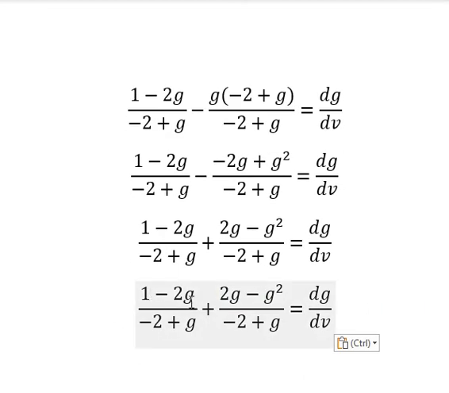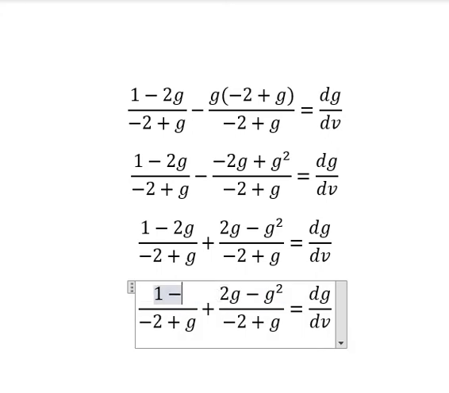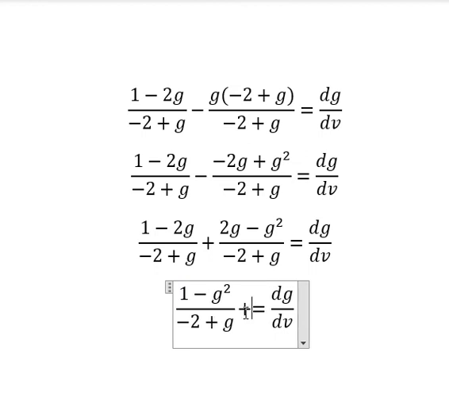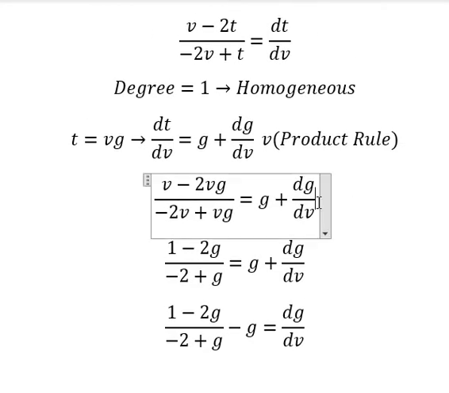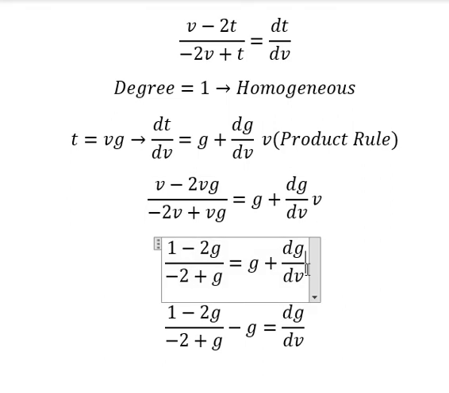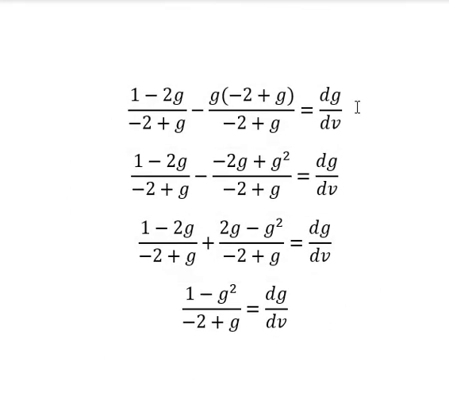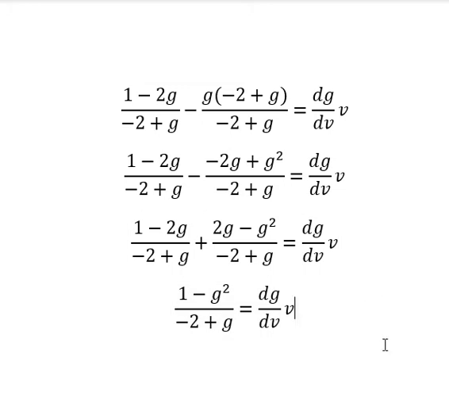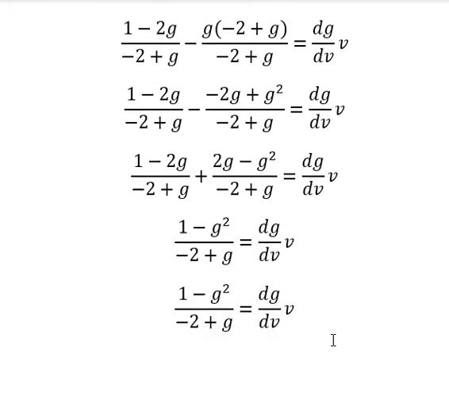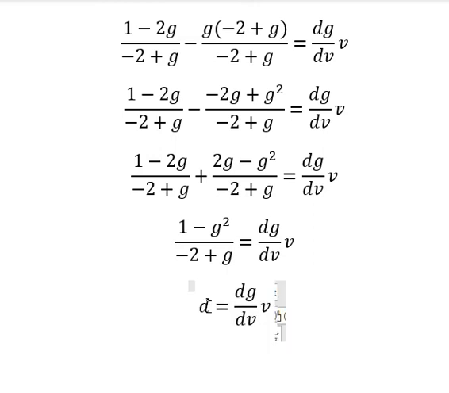So negative 2z plus 2z, they will cancel. And negative z squared I will put in here. Next, I will put the v and v go to the left. This one go to the right.